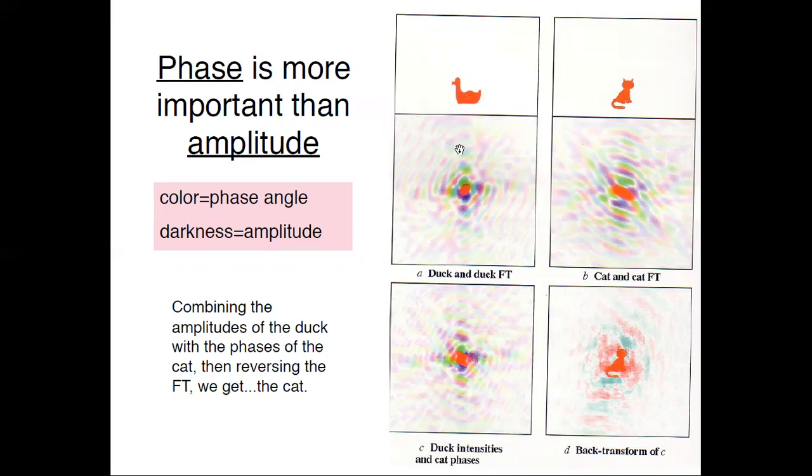Combining the two diagrams, we see the duck intensities and cat phases, and alpha, beta and gamma for the different ducks. So combining the amplitudes of the duck with the phases of the cat and reversing the Fourier transform, we get the cat. Similarly, this is the cat, in which we see the Fourier transform and the phases.